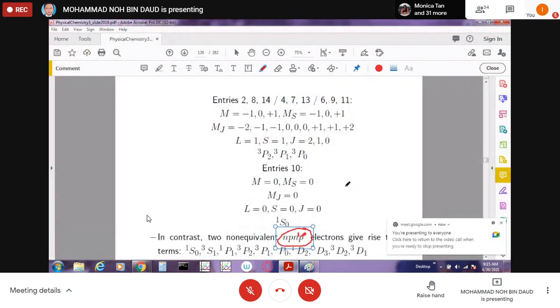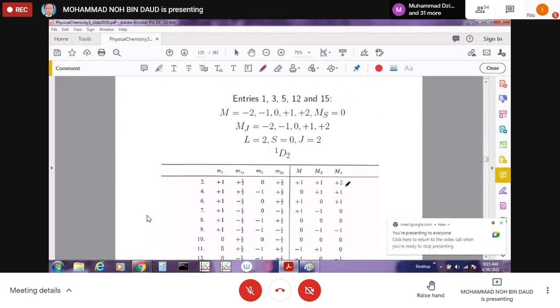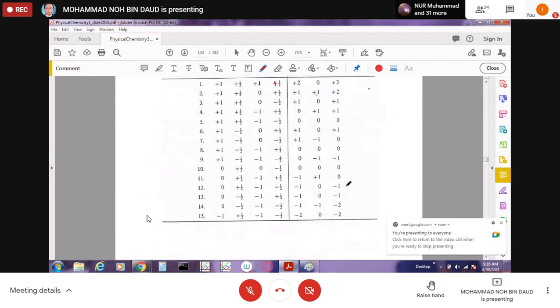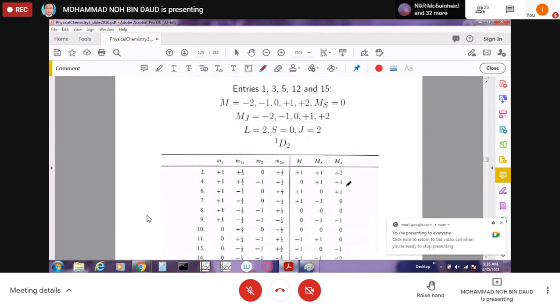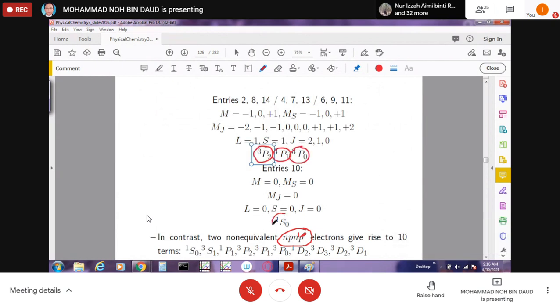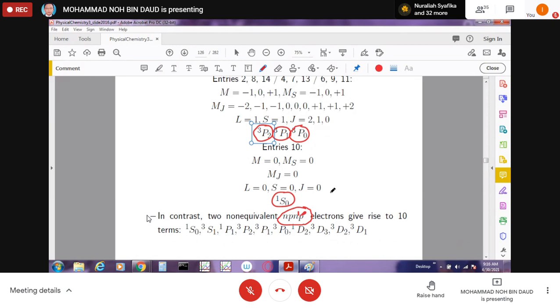So what you can see here, for the equivalent electrons, we have 1, 2, 3, 4, 5 term symbols for NP2.